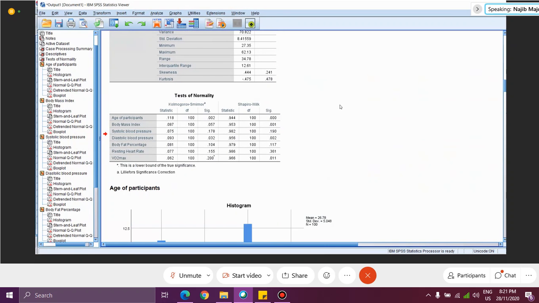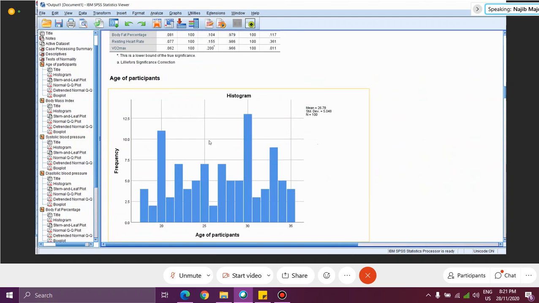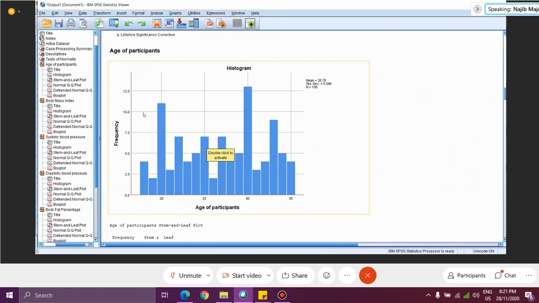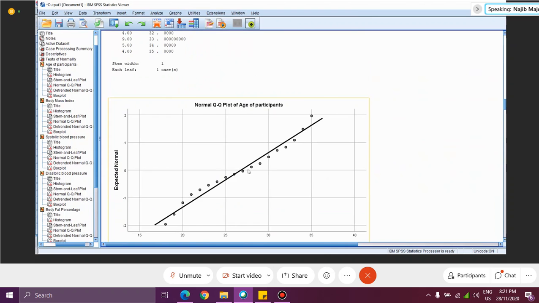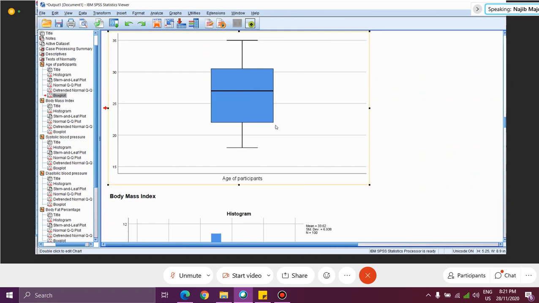The next table is test of normality. You can use the Shapiro-Wilk test to determine distribution of each variable. You can look at the histogram for each variable, the QQ plot, and also the box and whisker plot.